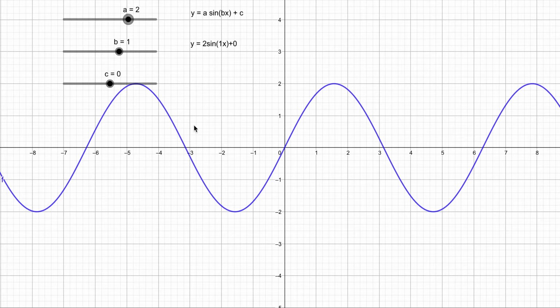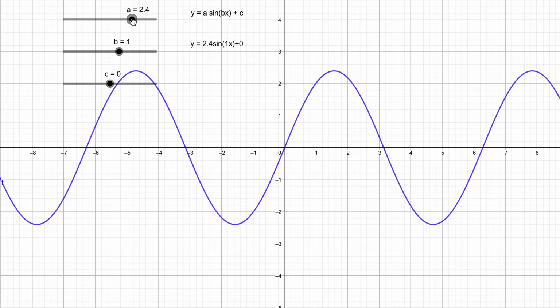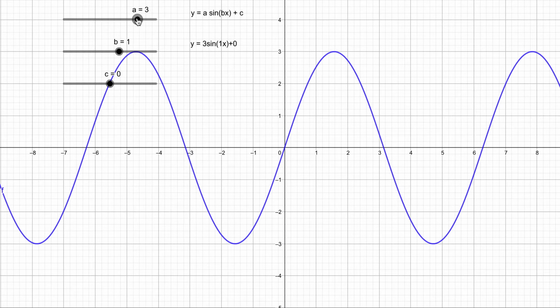So we haven't done anything apart from stretch it going up. If I continue to increase this, when we get to 3, you should see that this point has now raised to 3. So sine of 90 is 3 when we've got y equals 3 sine x plus 0.